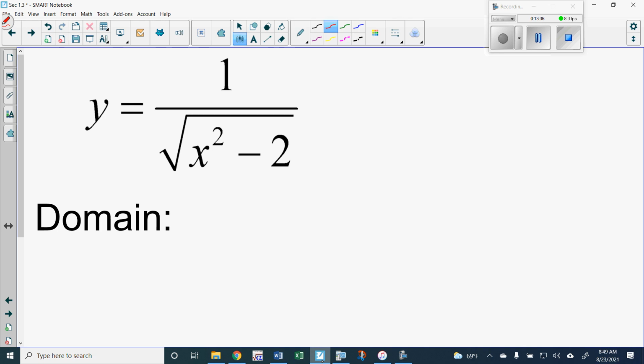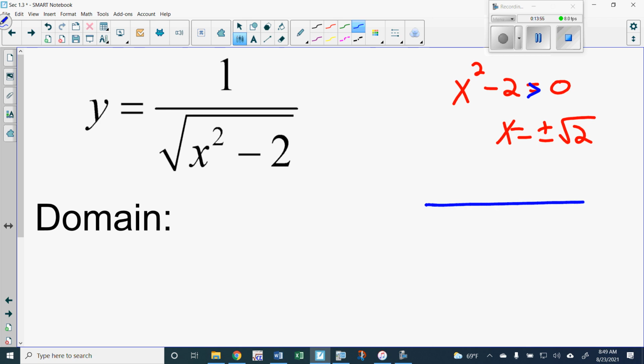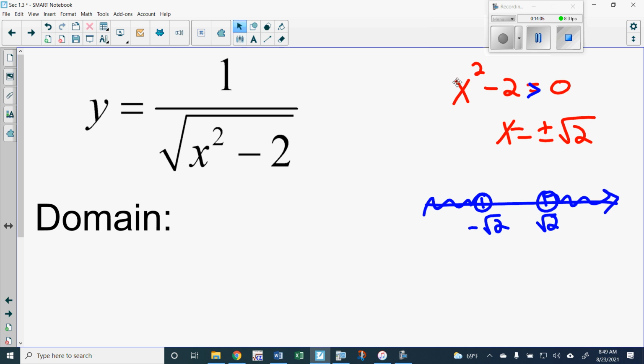So if we think about this in terms of a number line, when is this greater than 0? It would be here and there, right? Can I include the square root of 2? If I put the square root of 2 in there, the bottom would be 0, which you can't do.